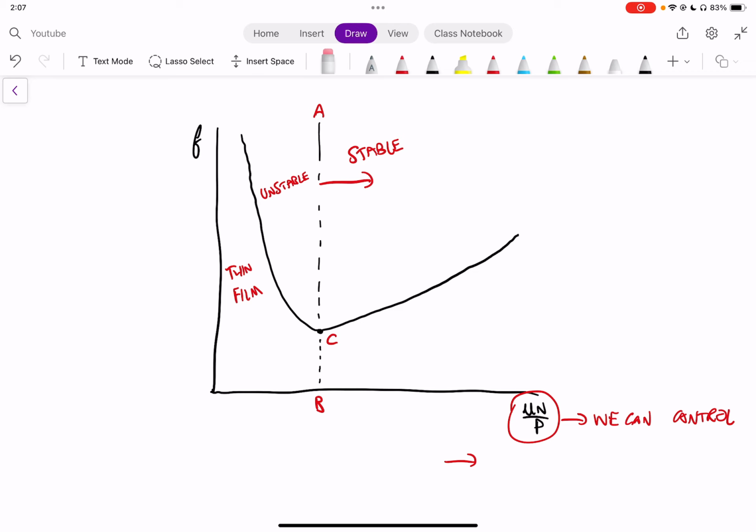So what we try to do is run our system anywhere from this point to the right, so that we have a predictable friction increase and we know kind of how much friction we're going to get, and we know that if our mu n over p changes slightly, we're not going to get a huge change in friction. It's very predictable, and that's what we want.